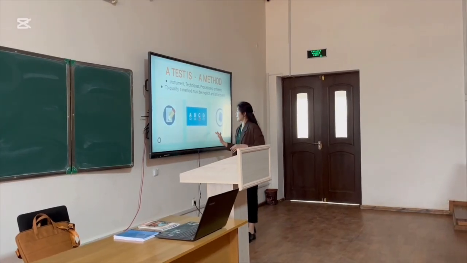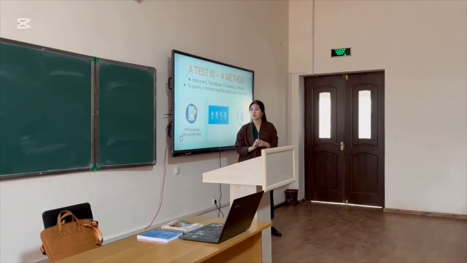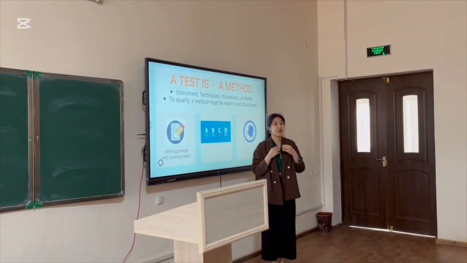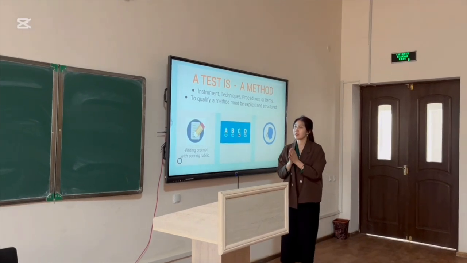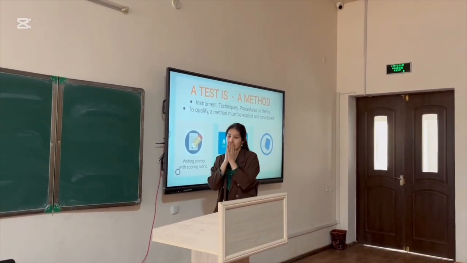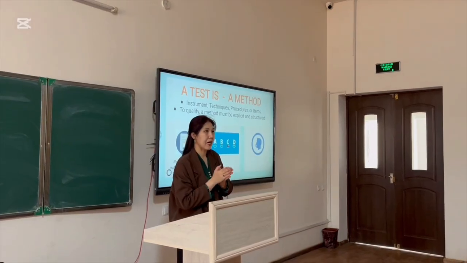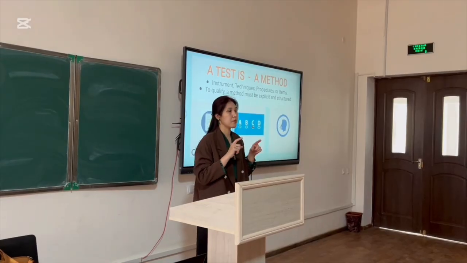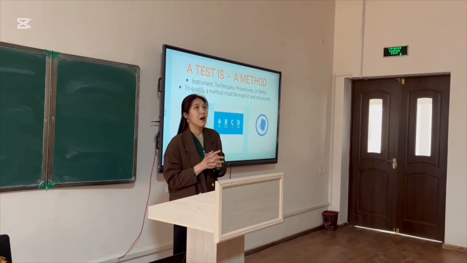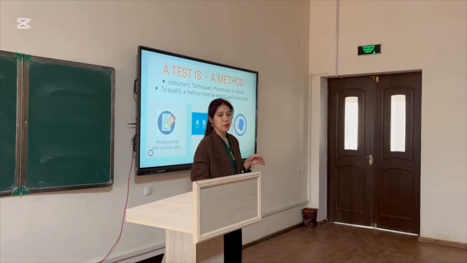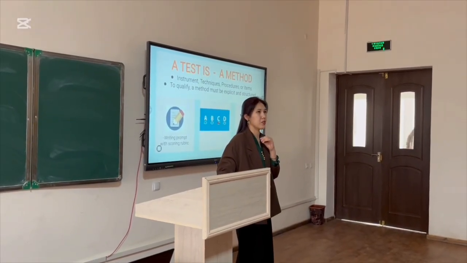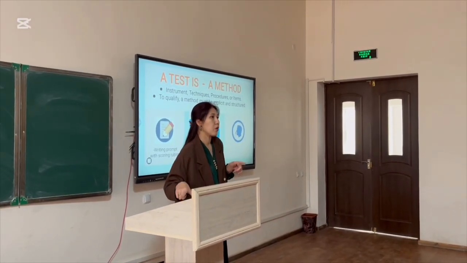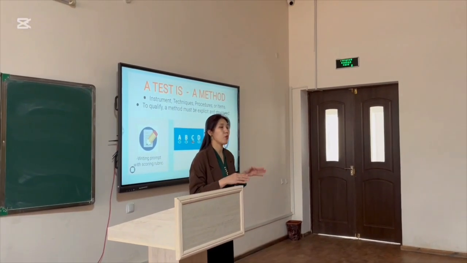For example, here, first one: writing prompt with scoring rubric. What is a rubric? Do you know? You don't know. A rubric is, for example, when we take a test, let's say total 50 points, and you gain 40 points from that. In the rubric, it will be written which mark this point corresponds to.